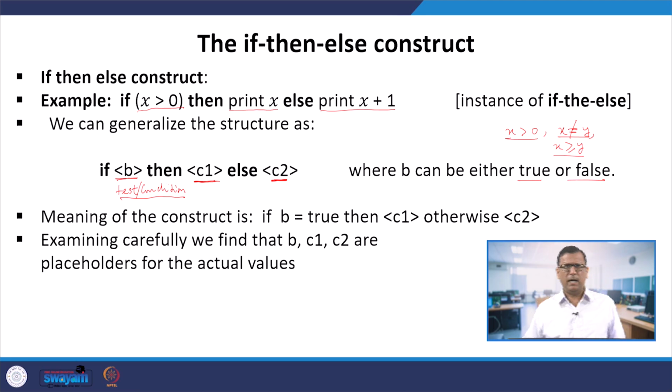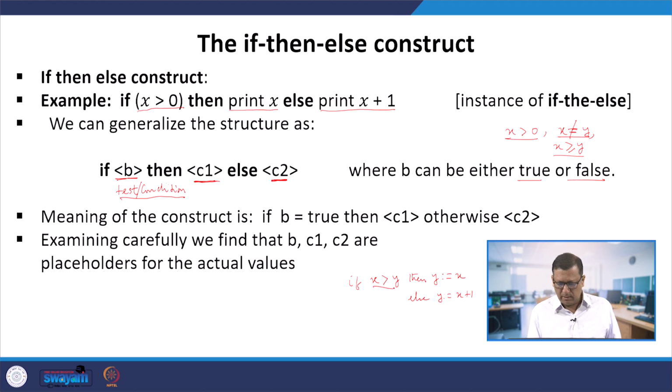Now if we look at these 3 things very carefully, that is b, c1 and c2, we find that these are placeholders for the actual values. That means this b, c1, c2 are not actual. If I want to write a program with the if then else construct, then the actual instance will be something like this. We can also have if x greater than y, then y equals x, else y equals x plus 1.